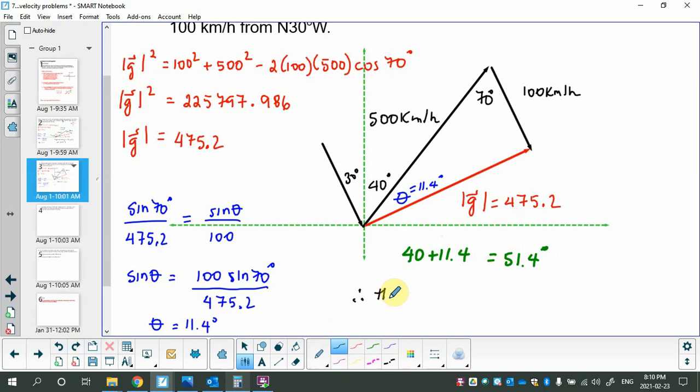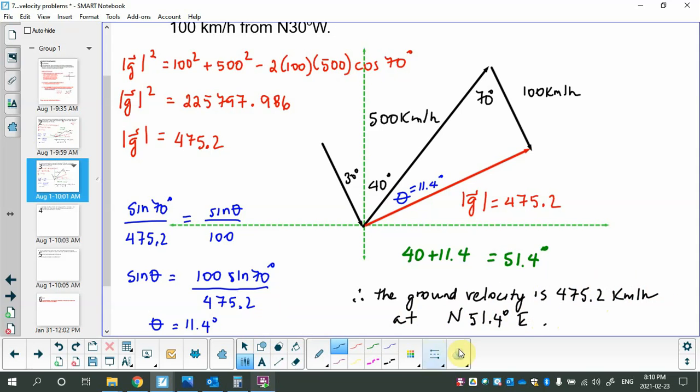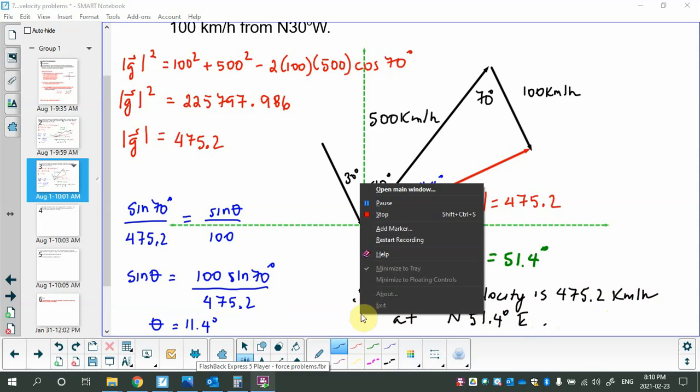Therefore, the ground velocity is 475.2, so it's magnitude with units, and direction. So north swung 51.8 degrees in the east direction. And there you go. Hand cramp break.